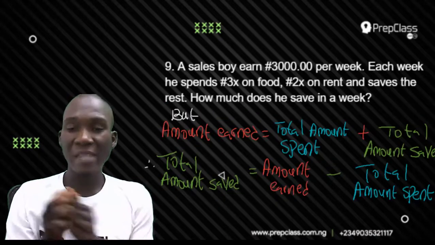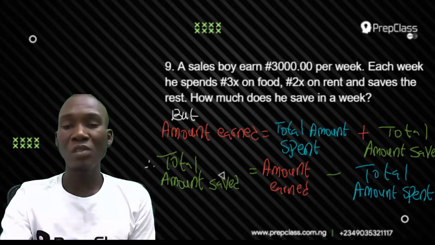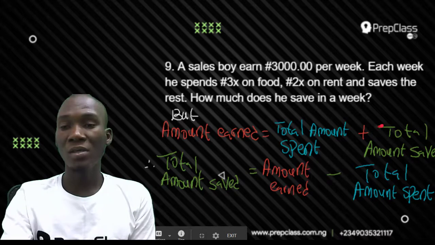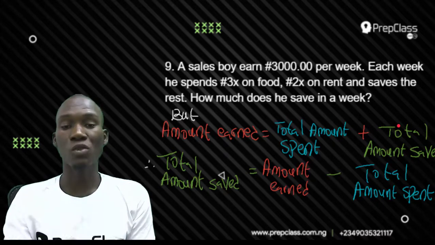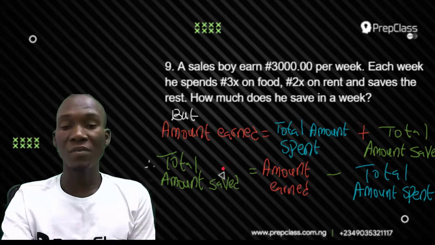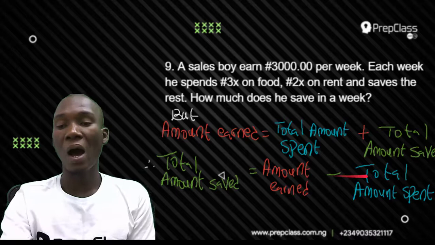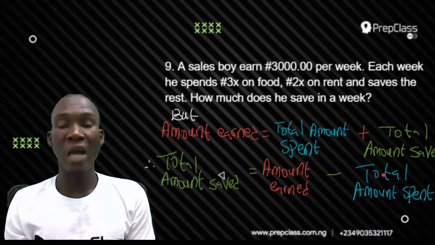Now, amount earned, which is the money he's earning per week, is equal to the total amount spent plus the total amount saved. Since we are looking for the amount saved, the total amount saved is equal to amount earned minus total amount spent. So we already know the amount earned and we know the amount spent.